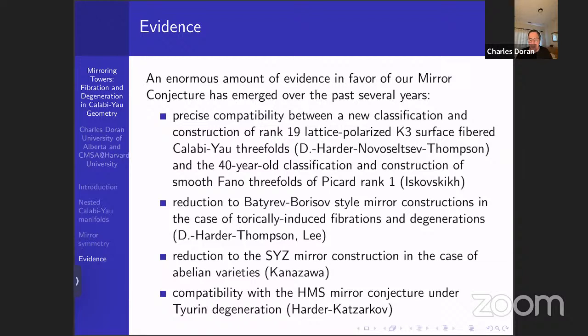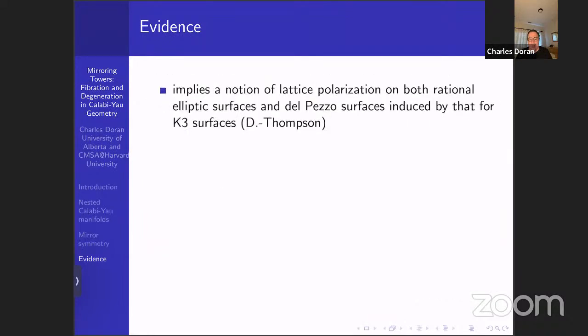Compatibility with the homological mirror symmetry conjecture under the Tyurin degeneration is something that Harder and Katzarkov investigated and confirmed. It implies a notion of lattice polarization on both rational elliptic surfaces and Del Pezzo surfaces coming from that of K3s. So if you think about the K3 case, what we're saying is that a K3 surface on the one hand is degenerating to a pair of weak Del Pezzo surfaces intersecting on an elliptic curve. And on the other side, you have your two Landau-Ginzburg models, but the Landau-Ginzburg models are effectively rational elliptic surfaces with a fiber at infinity missing, right?